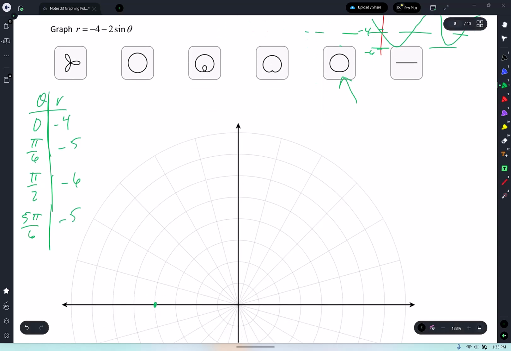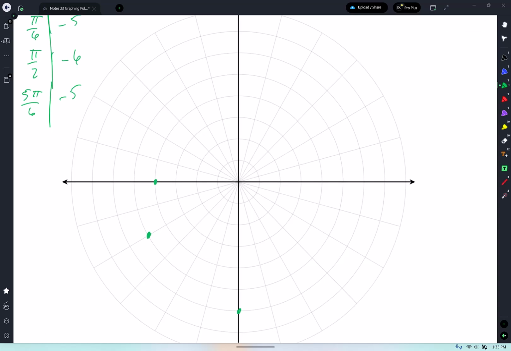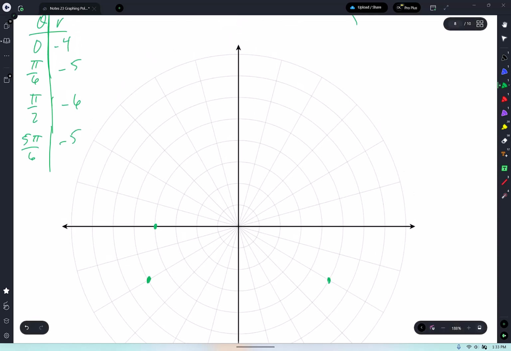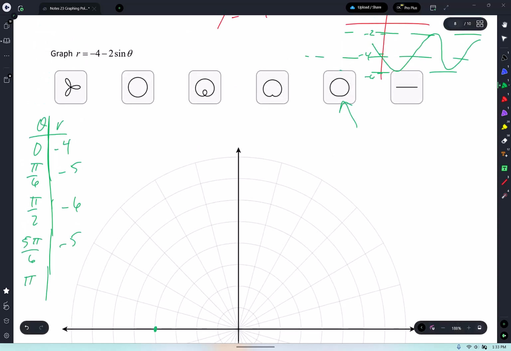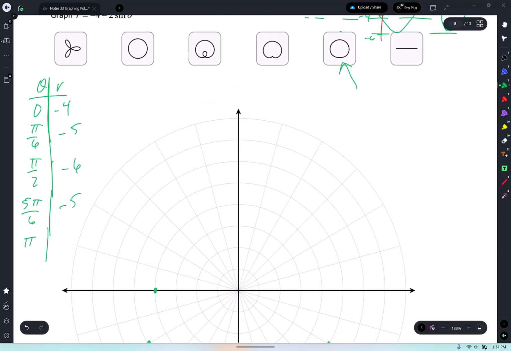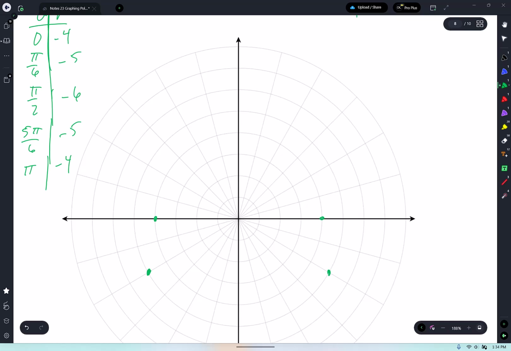So 5 pi over 6, negative 5. I'm going to be in quadrant 4, so it's going to look like 1, 2, 3, 4, 5. Point. Making sure it looks symmetric. I'm going to plug in pi. Sine of pi is 0, so negative 4. So pi, negative 4: 1, 2, 3, 4. Point. Everything's looking good so far.